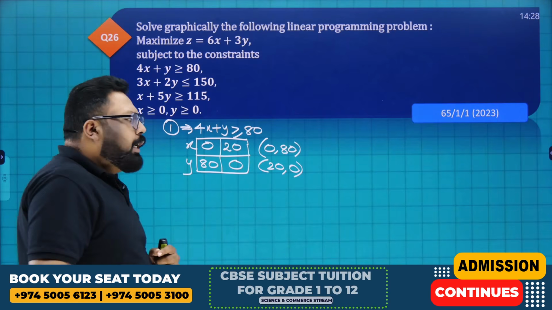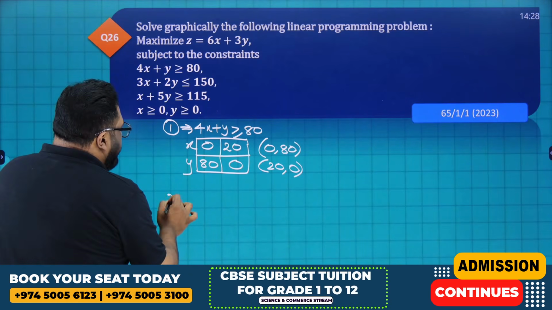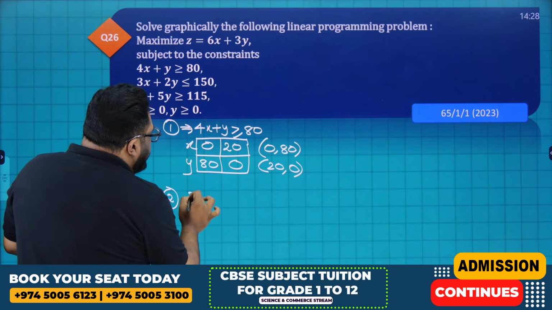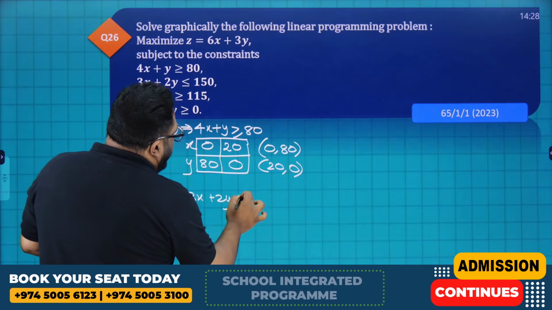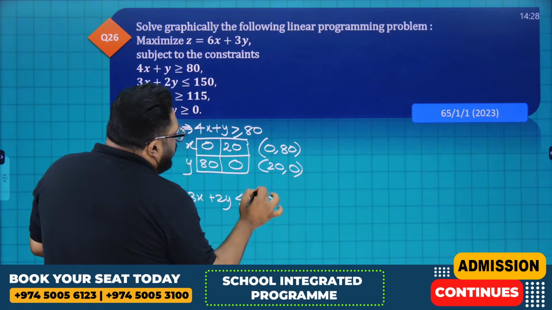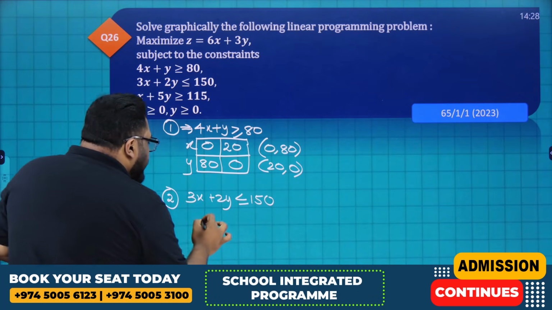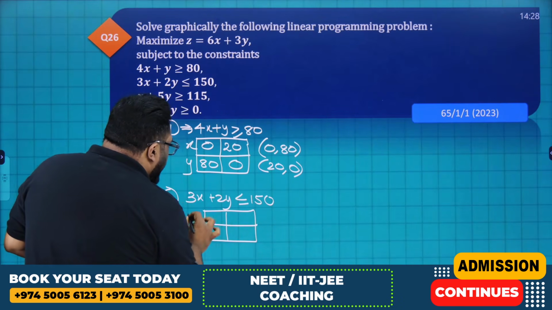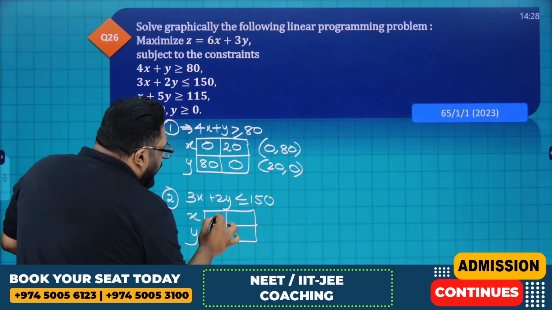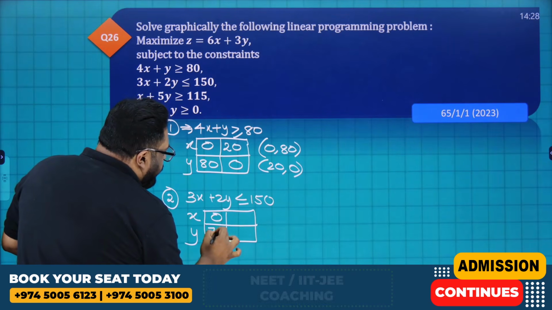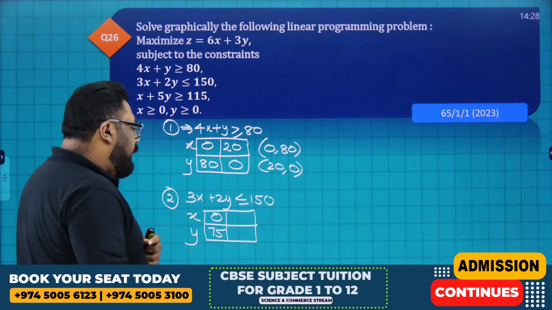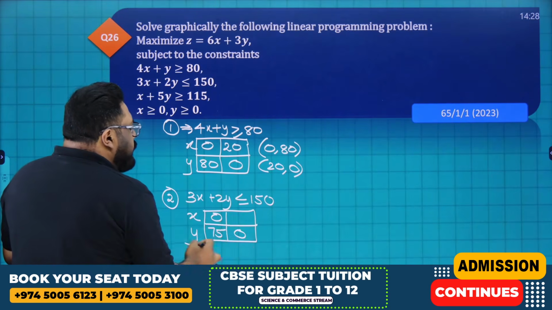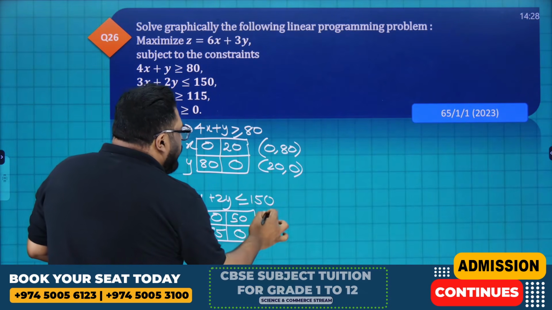First line is ready. Equation number 2, my dears: 3x plus 2y less than or equal to 150. Now let's make the intercepts for this line. When x is equal to 0, y is equal to 75; when y is equal to 0, x is equal to 50.